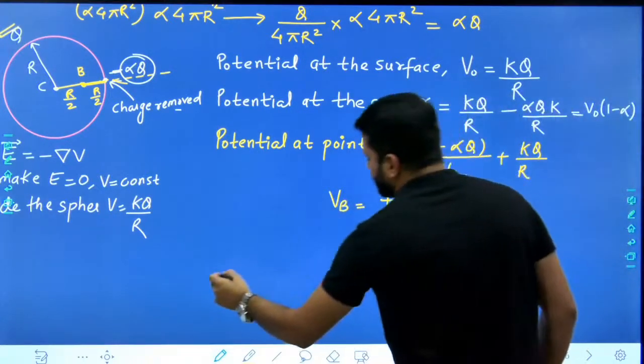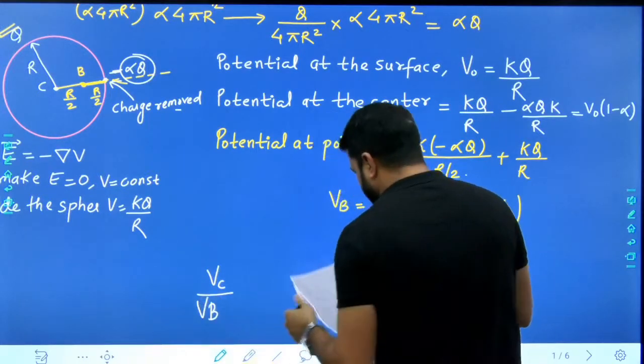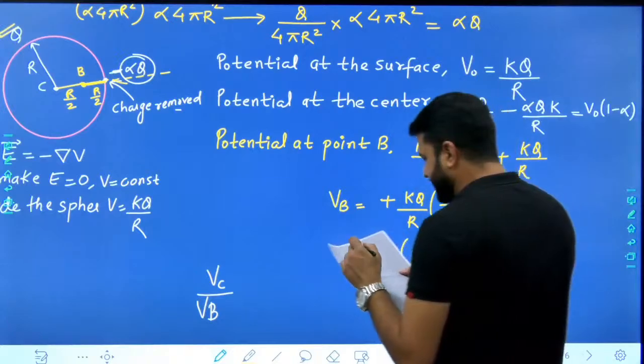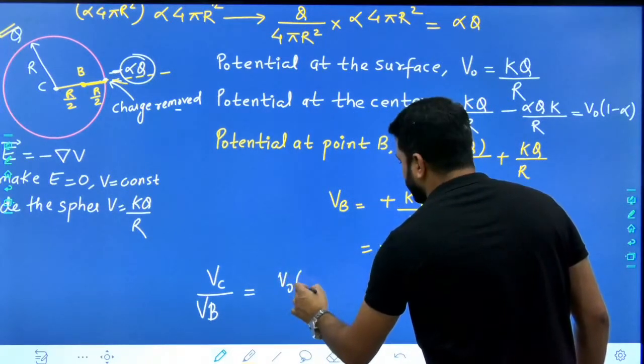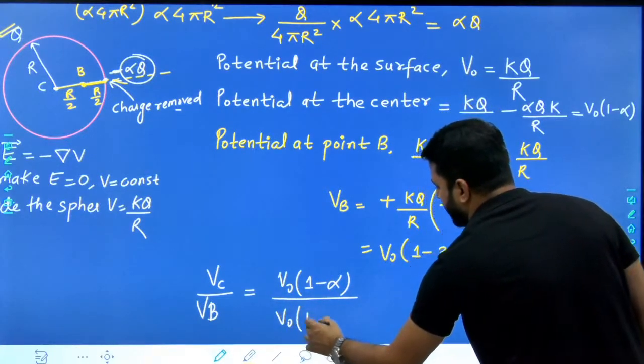If you calculate the ratio Vc upon Vb, we have to calculate the ratio of the potential at the center and at distance r by 2. At the center we have V naught times 1 minus alpha, and at point B we have V naught times 1 minus 2 alpha.